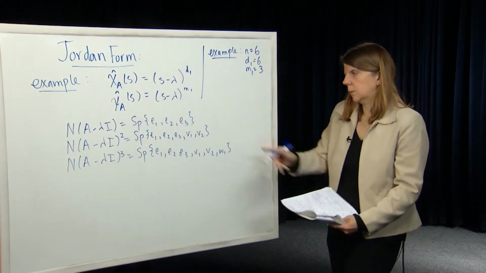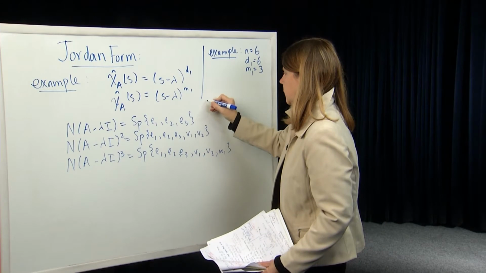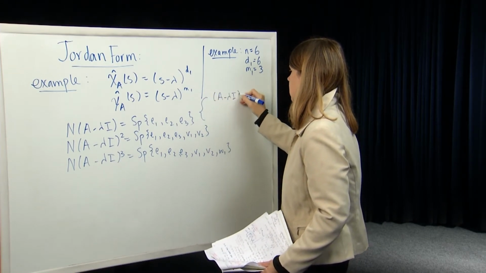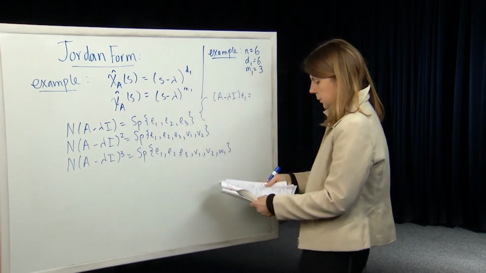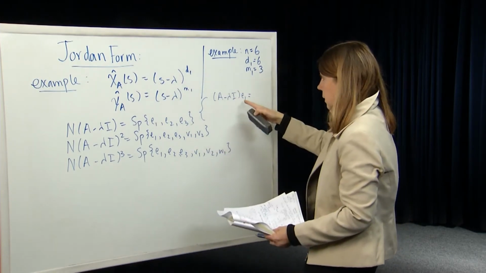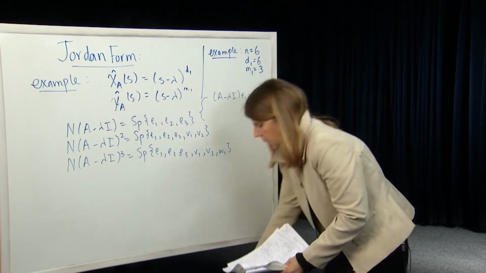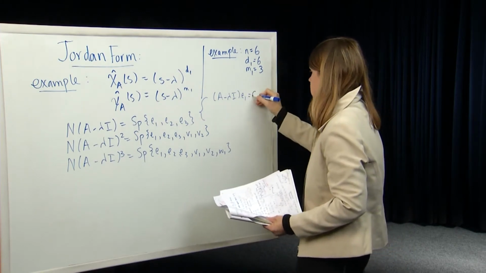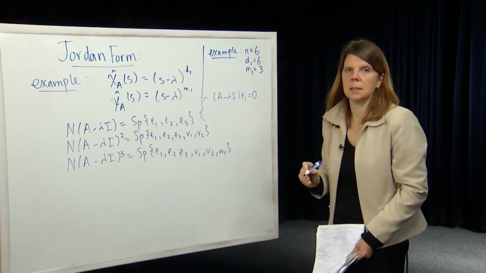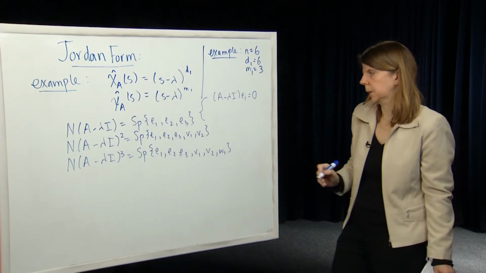Basically, what this is saying is A minus lambda I E1 is equal to 0, A minus lambda I E2 is equal to 0, and A minus lambda I E3 is equal to 0.